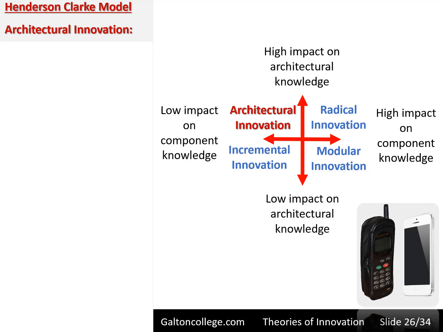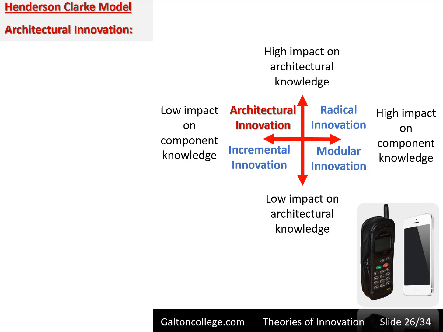Sometimes companies are able to use existing knowledge for components, but configure the components in a different way. They're able to join the components together in a different way, and that would be high architectural knowledge. They're able to use the components in almost a totally different way. So it's architectural innovation. The product is changed.